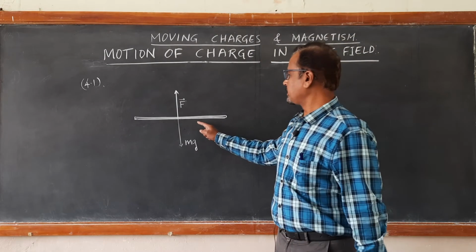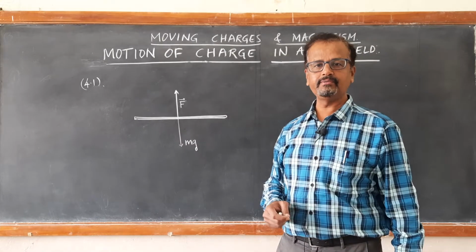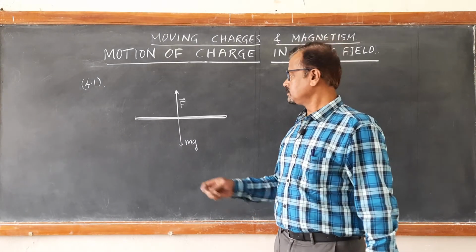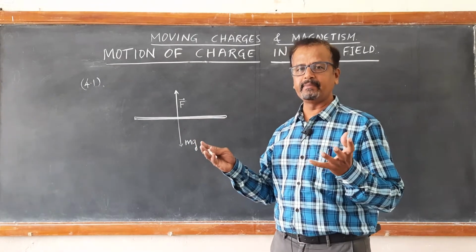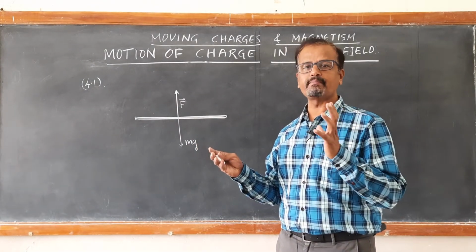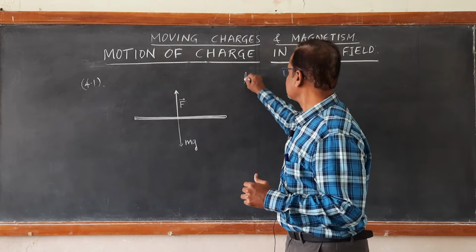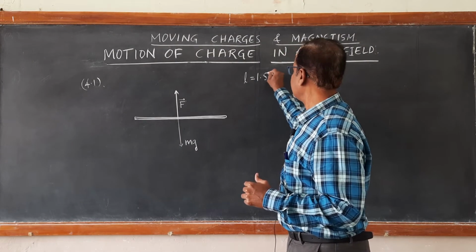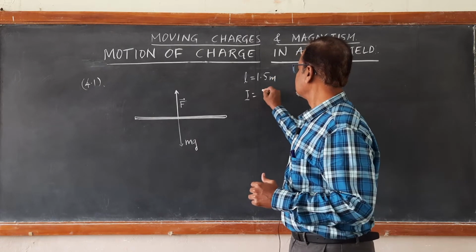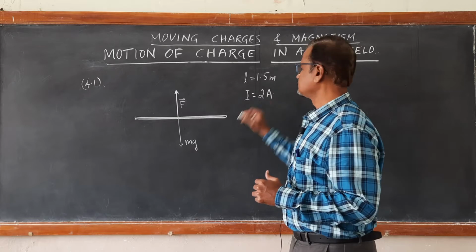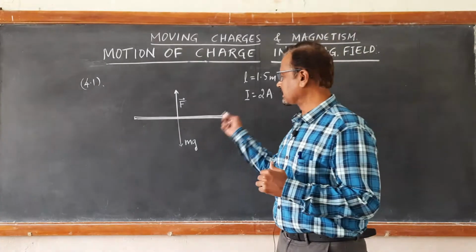There is a current carrying conductor of length 1.5 meter. This current carrying conductor is suspended in mid-air due to a strong magnetic field, and the length of the conductor is 1.5 meter, and it carries a current of 2 amperes.